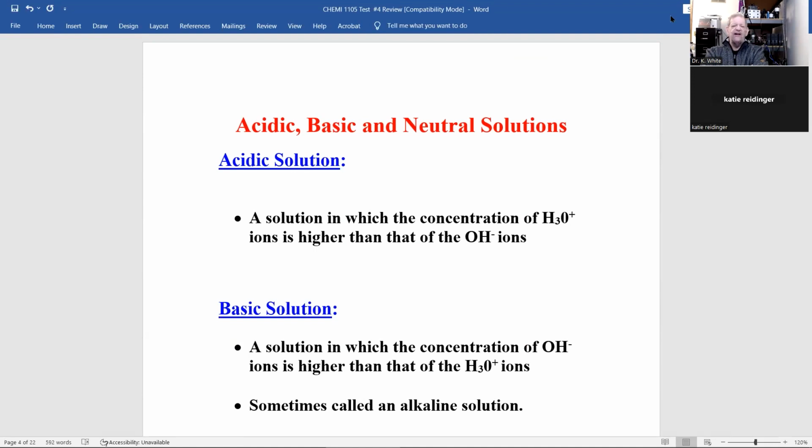You should know that in an acidic solution, the hydronium ion concentration is greater than the hydroxide concentration. So that's an acidic solution.